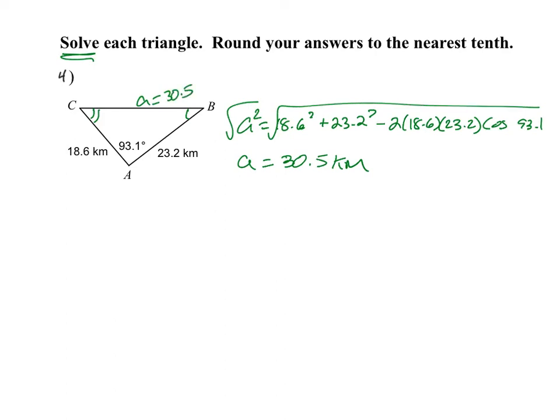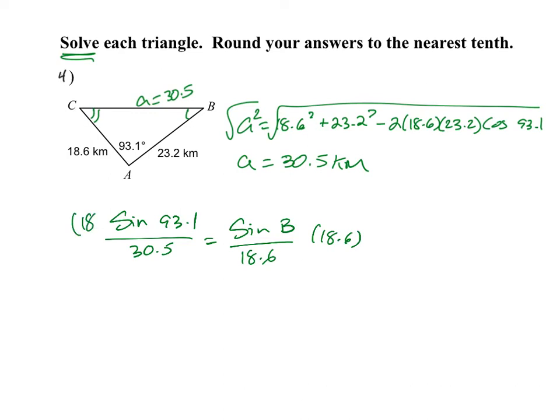So I know now that I have this information, I can use the law of sines instead of the law of cosines to find the other two angles. That is shorter, a little bit easier to use, right? So in this case, I have sine of 93.1 over the opposite, so over 30.5, equals sine of angle B over the opposite 18.6, since I'm going to find angle B. So I'm going to multiply times 18.6 on both sides, right?